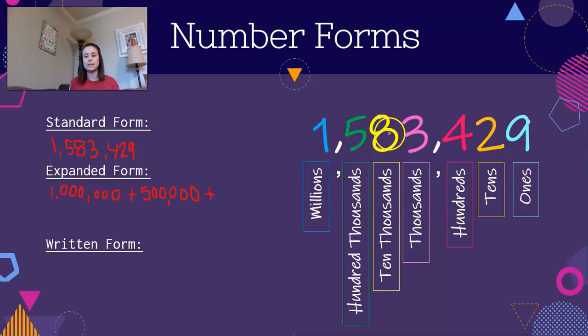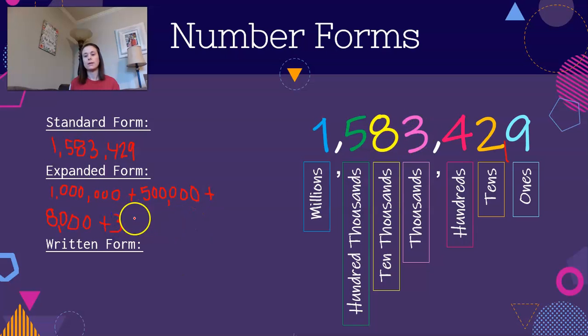Okay, then plus I have my 8. So I'm going to write my 8. Count the number of digits I have to the right. 1, 2, 3, 4. And add my 4 zeros. Okay, that's 80,000. And add my comma plus 3.